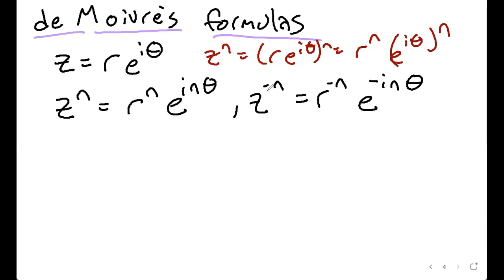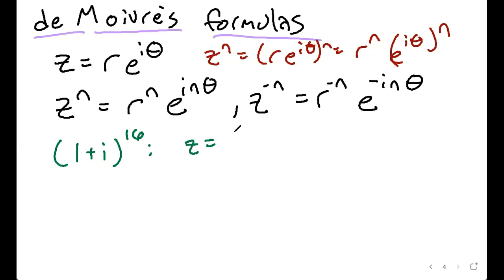If you want to raise it to a negative power, Z to the negative n, that's R to the negative n, e to the negative I n theta. So this allows us to do exponentiation very, very quickly. So if I were to ask you, what is 1 plus I to the 16th power, let's say, what would we want to do here?